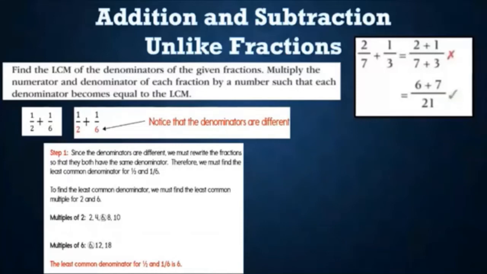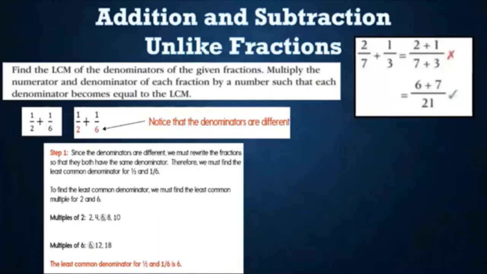Now what you have to do? Yes. Now you have to multiply the numerator and the denominator of each fraction. What is 6 divided by 2? Yes, it is equal to 3. So it will become 1 by 2 into 3 by 3, which is equal to 3 by 6.